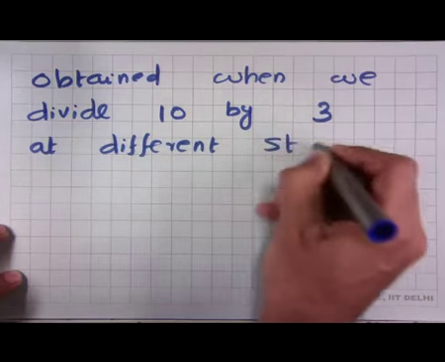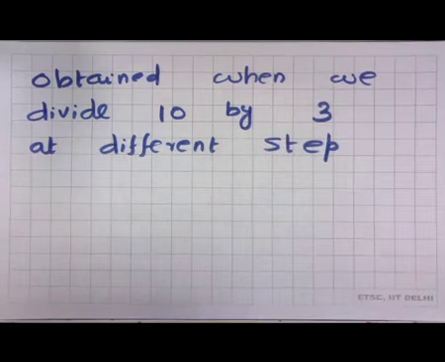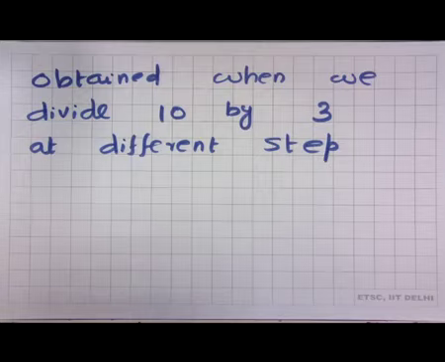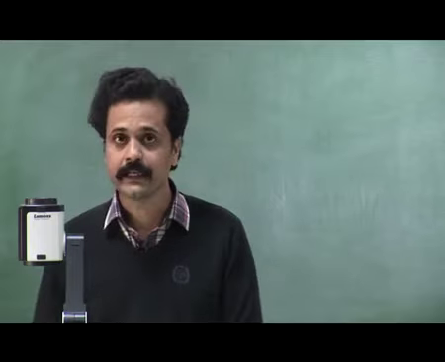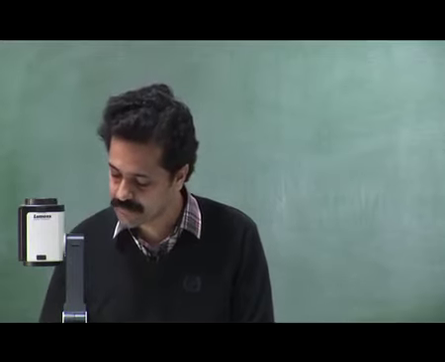So, what we want to list is the quotient that we obtain in the division process while we perform the division in step by step process.